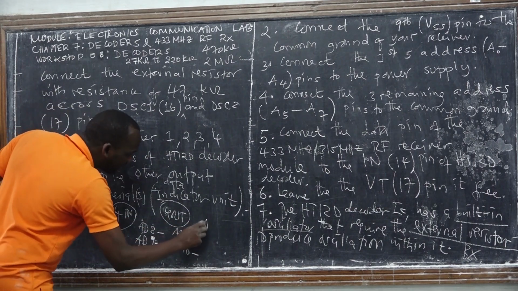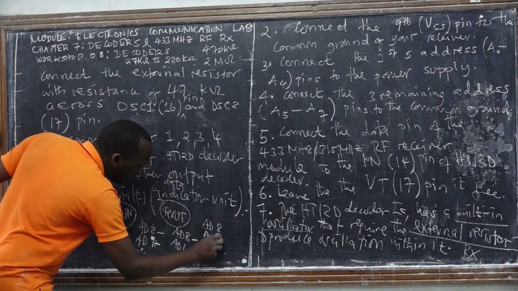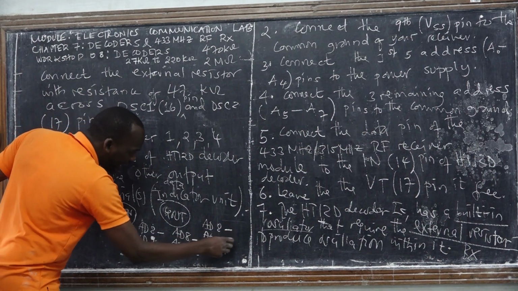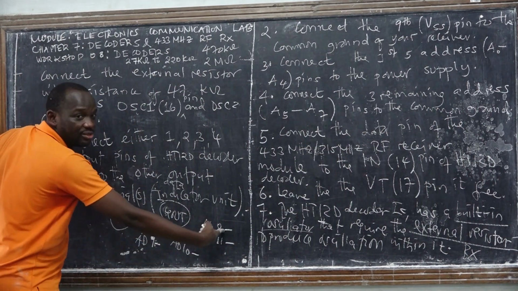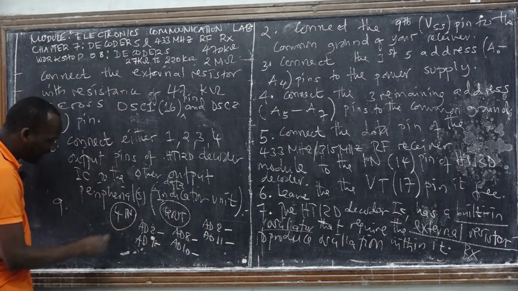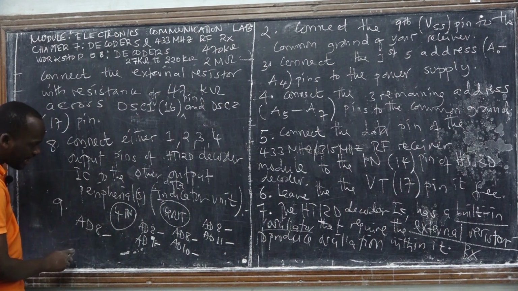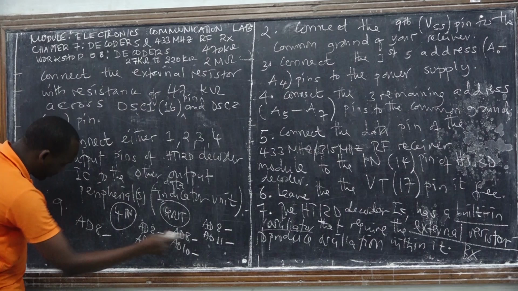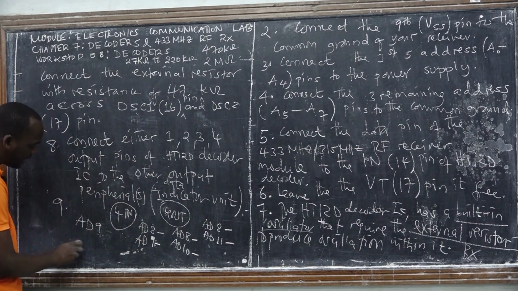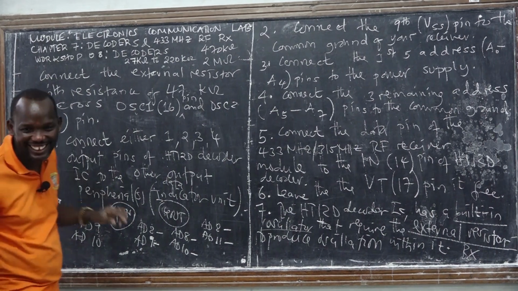Also, the encoder can receive the input from AD8 and AD11. This will make another input. This is 5, this is 6, this is 7. You can also receive the input from AD9 and AD10 at the same time. This is input number 8.